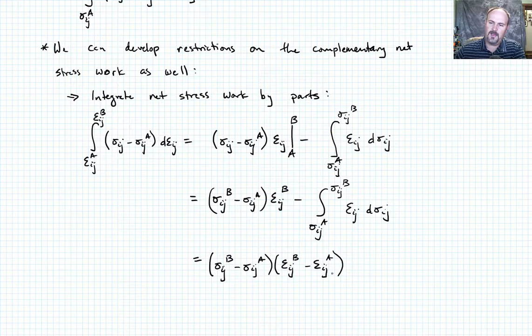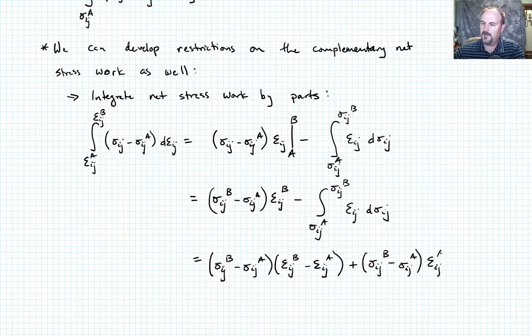Okay, so I've basically subtracted this quantity times this coefficient. I have to add that back on, so I have plus sigma ij b minus sigma ij a times epsilon ij a, right? So I've added and subtracted, so I've added effectively 0, and then I have my minus the integral from sigma ij a up to sigma ij b of epsilon ij d sigma ij.